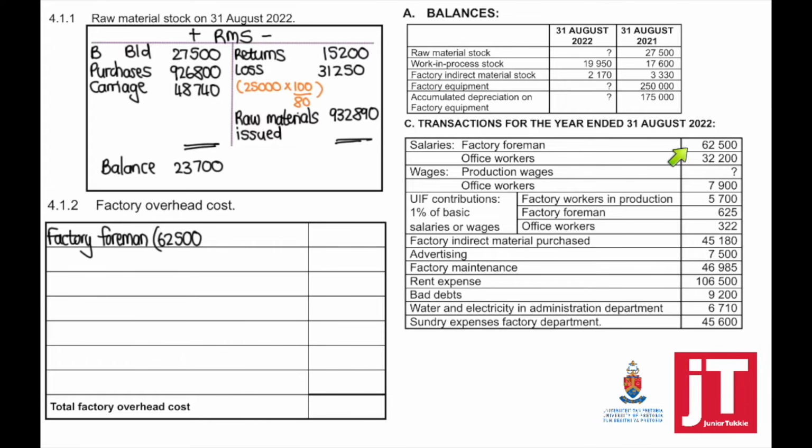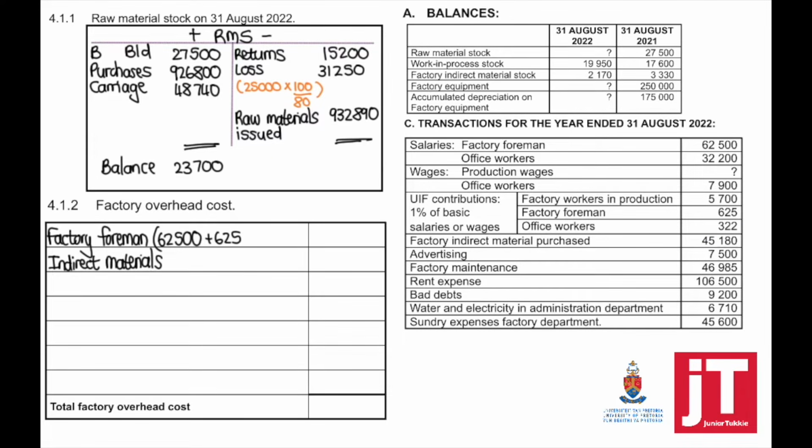Looking at the transactions now, we're going to start with our factory foreman. They provided 62,500. And what do we need to add? UIF contributions is 1% of the basic salaries or wages, which means the factory foreman, 625, must be added to that.